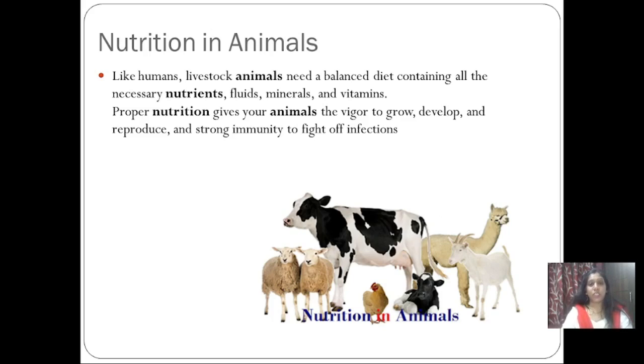Proper nutrition gives animals the vigor to grow, develop and produce, and strong immunity to fight off infections. So if animals have proper nutrition, they will grow healthy, develop fast, and reproduce also. And they can have a strong immunity to fight against any infections. Hence, nutrition is very important in animals too.